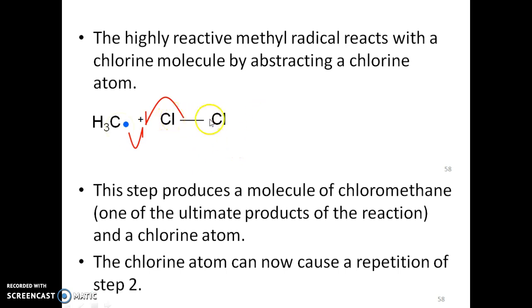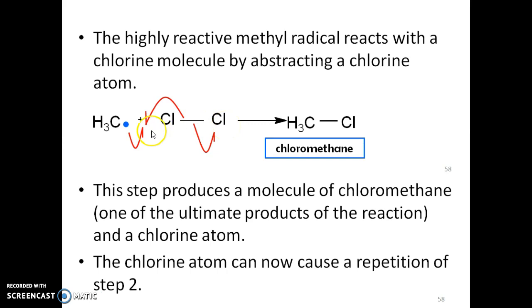Remember, Cl2 is a non-polar bond, so it will undergo homolytic cleavage. One electron goes to CH3 to combine with CH3. So these two electrons meet: one electron from the CH3 free radical, one electron from the Cl. And then the other electron goes to the other Cl. So the product we produce is the CH3Cl molecule and also a Cl free radical.